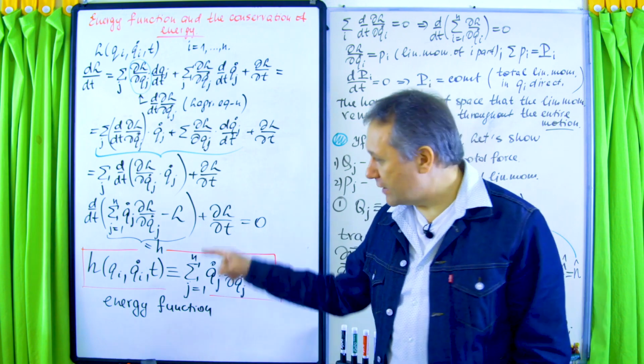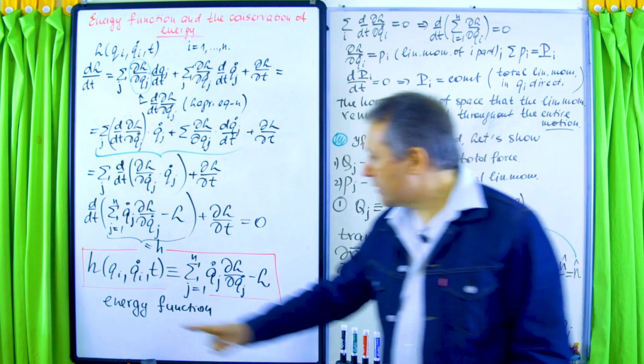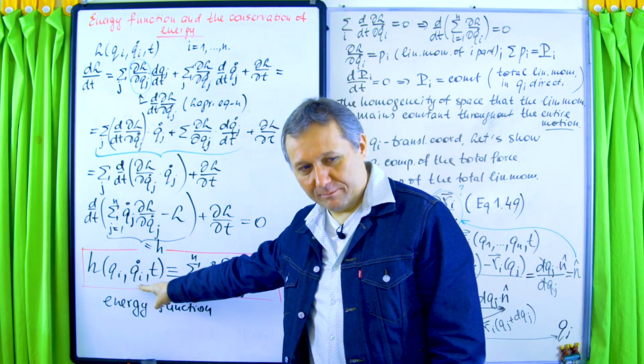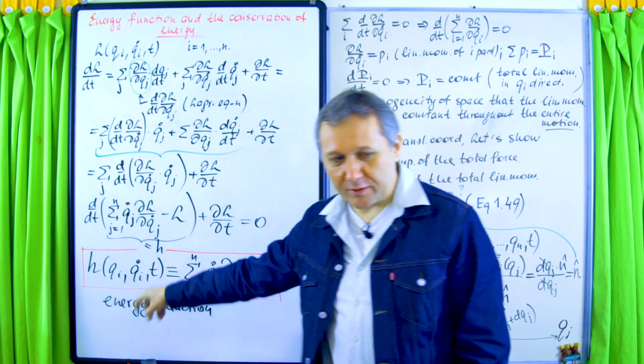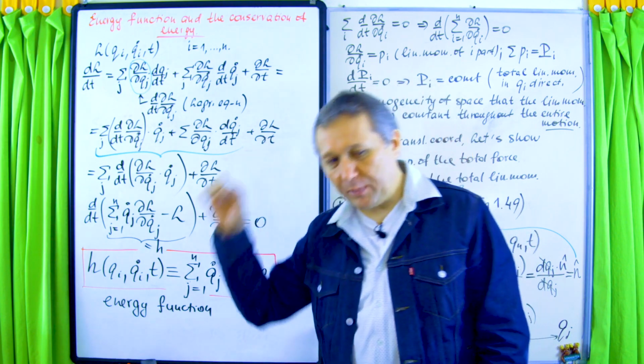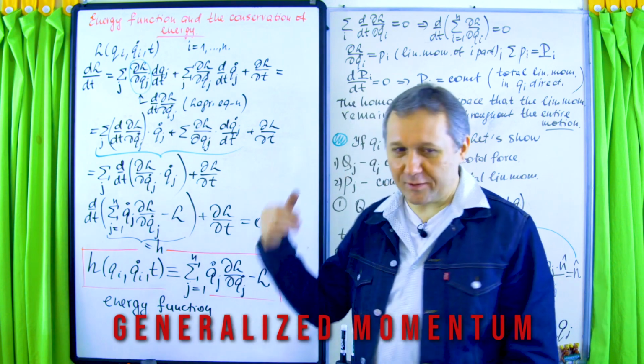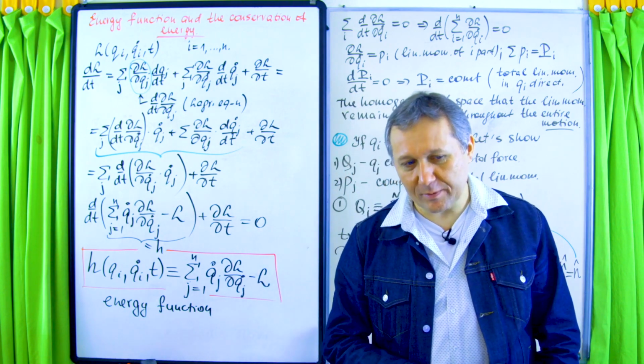But the difference between the energy function and the Hamiltonian function will be in only one small piece. Here it's a function of q dot, generalized coordinates, generalized velocities. In the Hamiltonian, there will be only q's and p's, linear momentum. Otherwise, the structures are very similar.